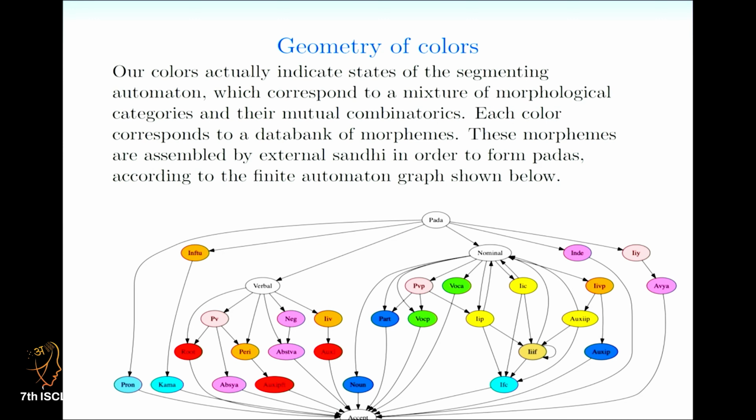So actually, this is where the colors are coming from, the finite automaton of my segmenter. All verbal forms are here, all nominal forms are here, indeclinables, avyayibhava, infinitive construction and pronouns.